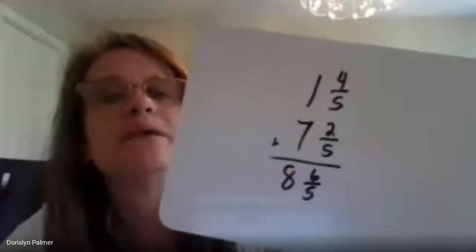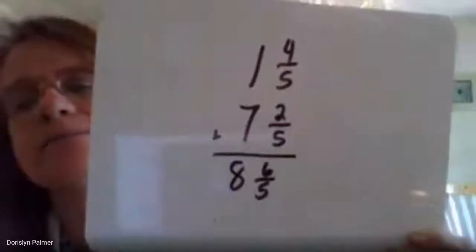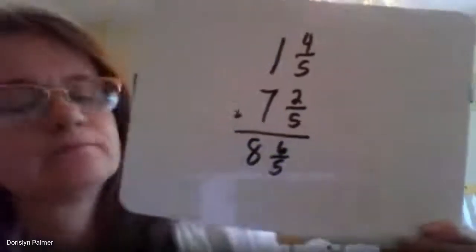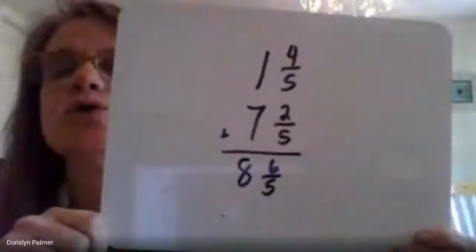And we're going to add 4/5 and 2/5, and we will get 6/5. So that's going to be 8 and 6/5. Okay, so that's my answer, but it's not in simplest terms, so I can't really keep it like that. Hi, Aaron.